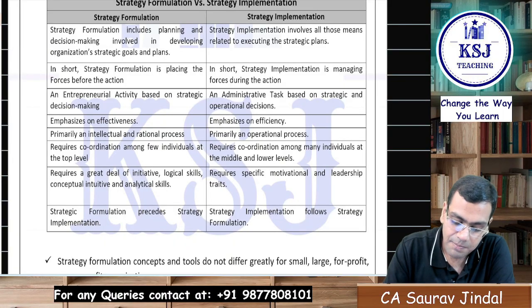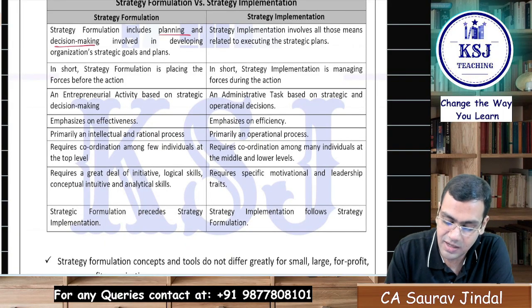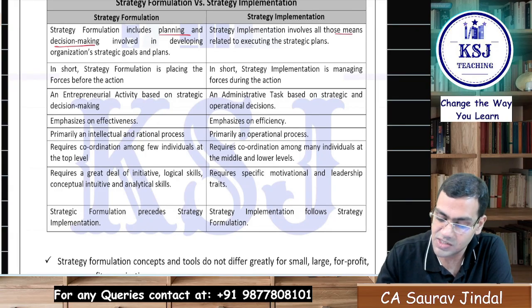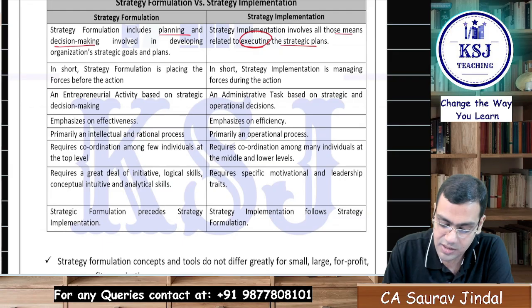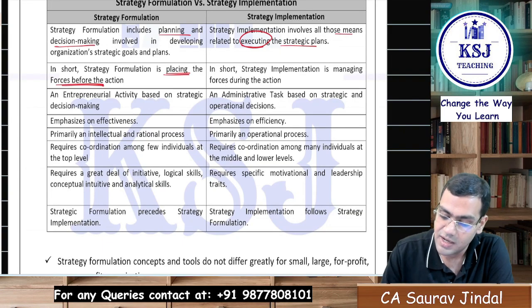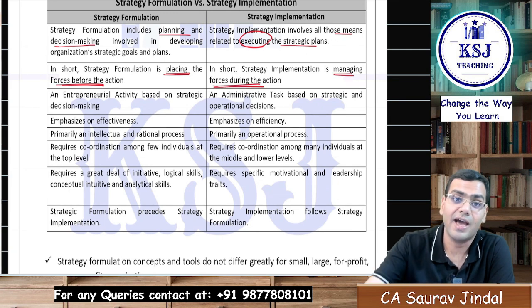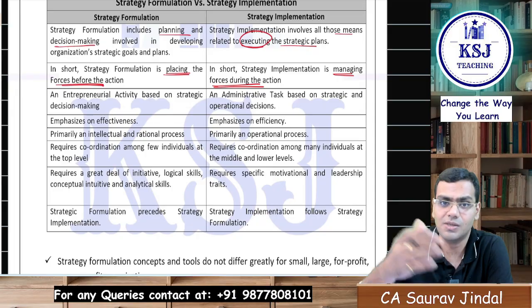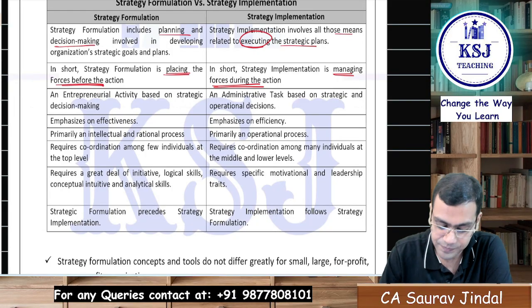Formulation is planning and decision making, right? Implementation is those means related to executing the strategic plans. In short, formulation is placing the forces before the action, and implementation is managing the forces during the action. Forces means many other things, the market, technology, everything.